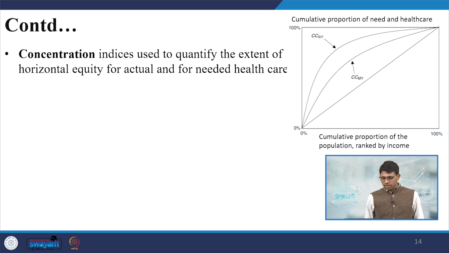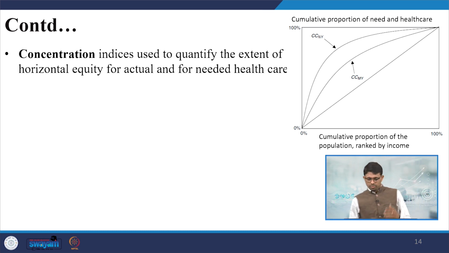However, we are just measuring in this diagram the cumulative proportion of need for healthcare against the cumulative proportion of the population ranked by their income. That means, with higher income, if we take the population by quantile groups, or by percentile groups till 100%, what happens to the proportion of healthcare need?